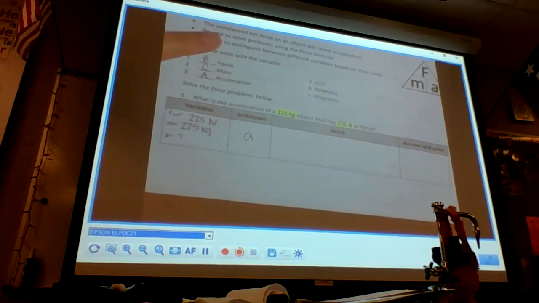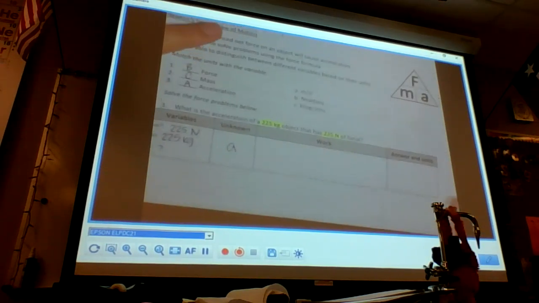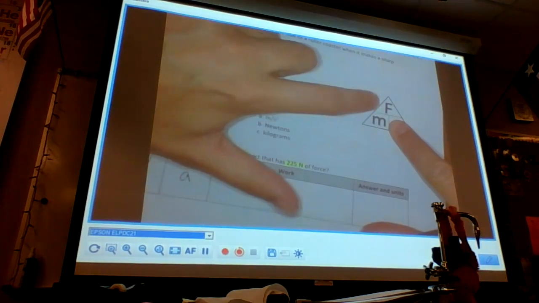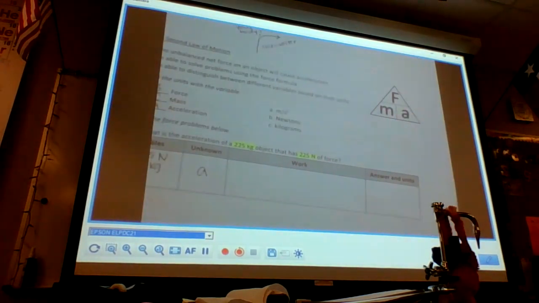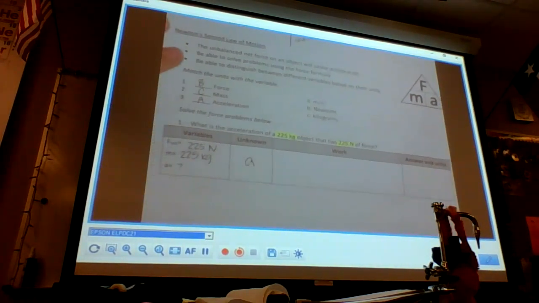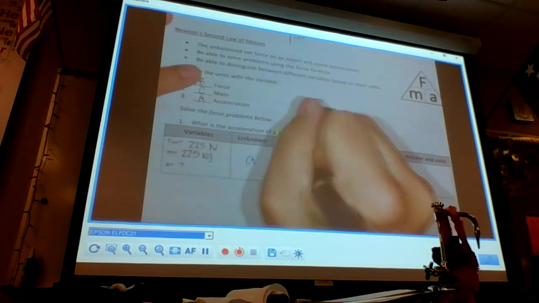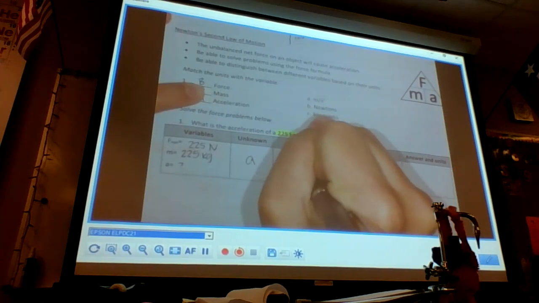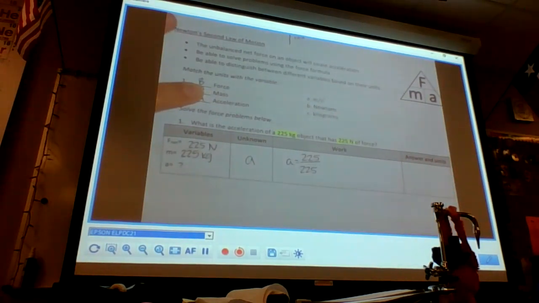Does anybody know how I'm going to solve for A? Right? So if I look at my triangle here, I cover up what I'm missing. So I'm going to do F divided by M in my calculations down here. So A is going to equal 225 newtons divided by 225 kilograms. Okay, F divided by M. And what's your answer? 1.